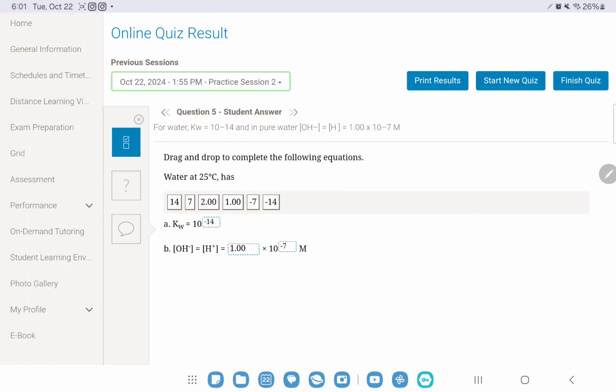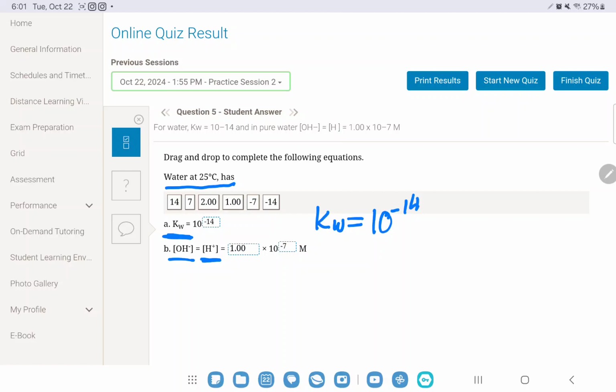Okay, so this question is asking us about water at 25 degrees Celsius. Kw, this value here is a constant. No matter where you go on planet Earth, it's always gonna be 10 to the power of negative 14. Always. And that OH and H plus, both of them, are gonna add up to make this.